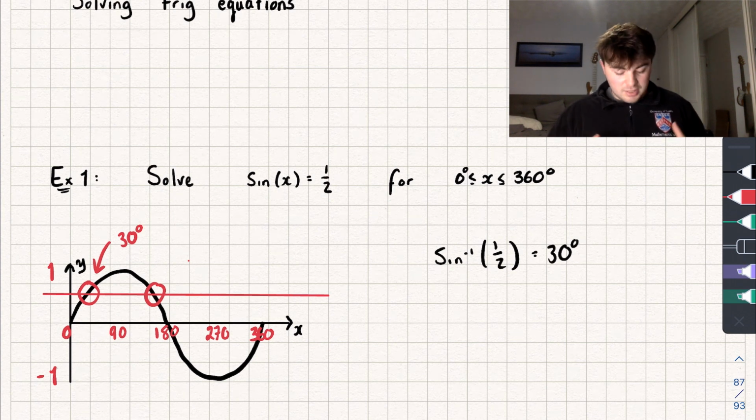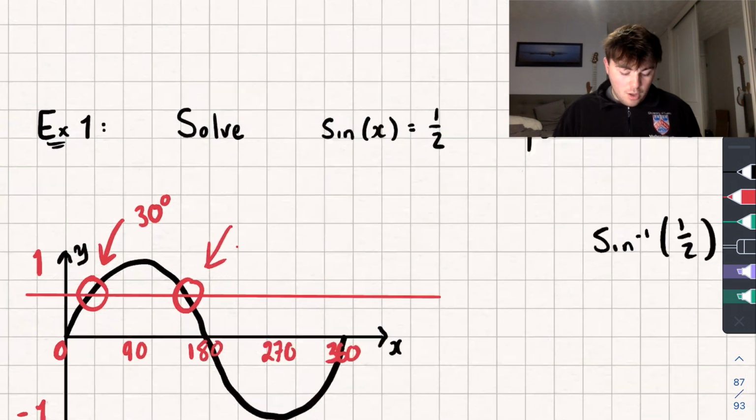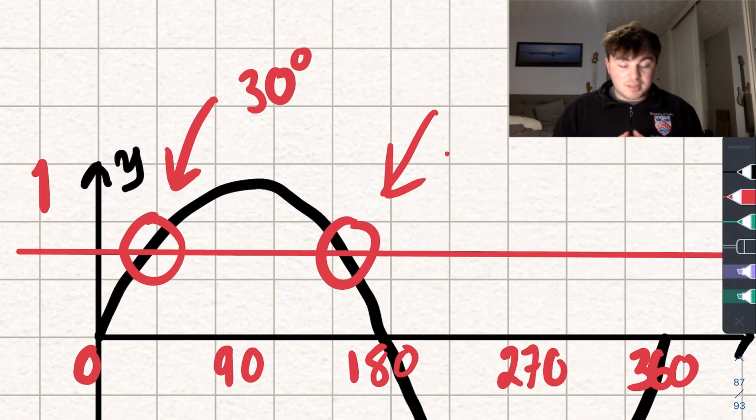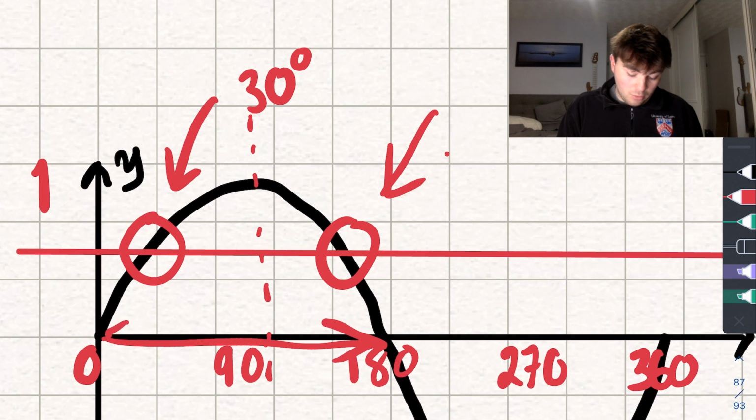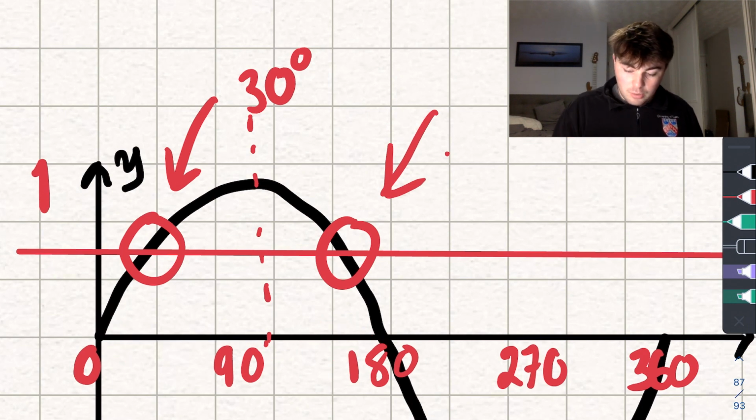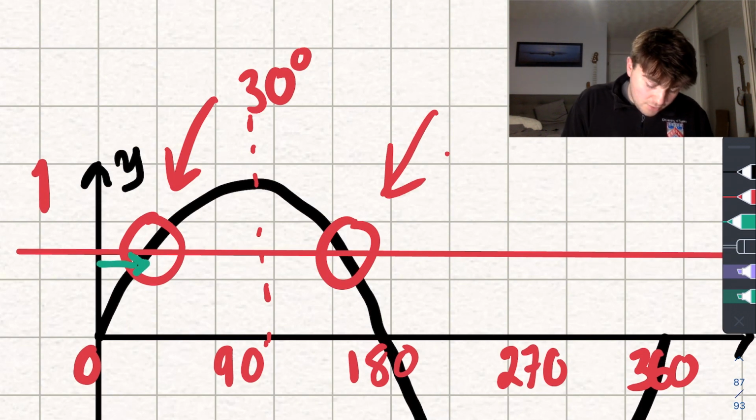So how can I use this then to find my second solution, this one over here on the right? Well, if I zoom in a bit, hopefully you can see that the graph is symmetrical along this line here between the values of 0 and 180. So we can use this to help us find the other solution. How far across from 0 do I have to go to get to this first solution?